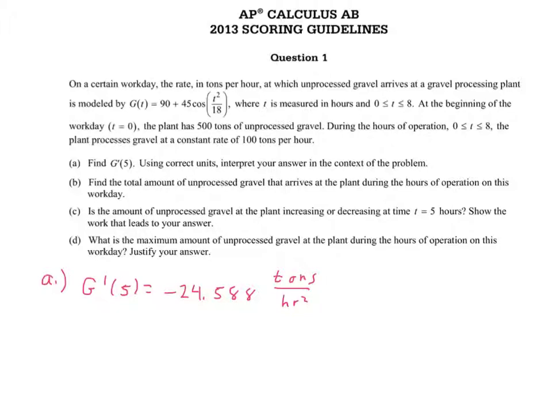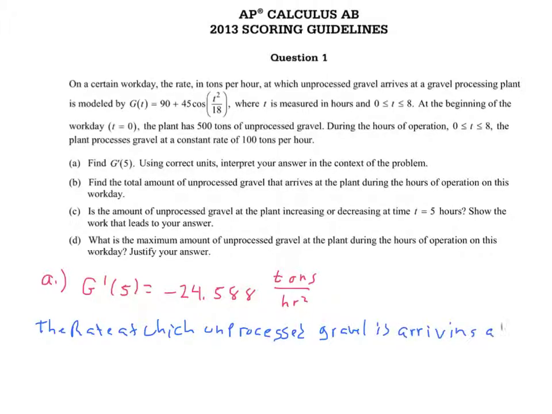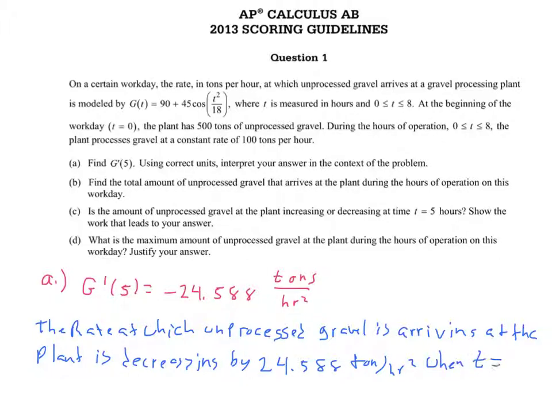So the rate at which unprocessed gravel is arriving at the plant is decreasing by 24.588 tons per hour squared when t is equal to 5.